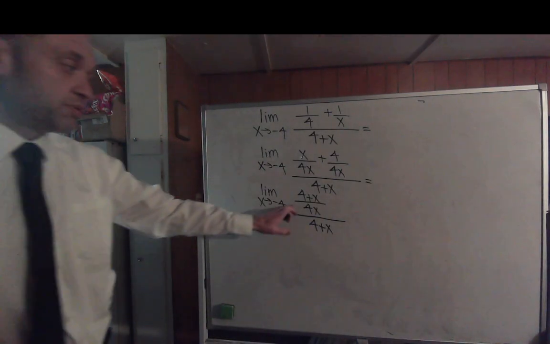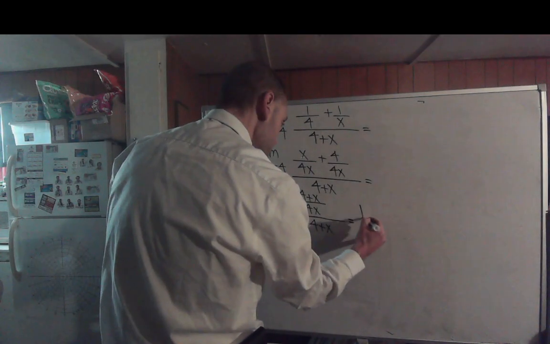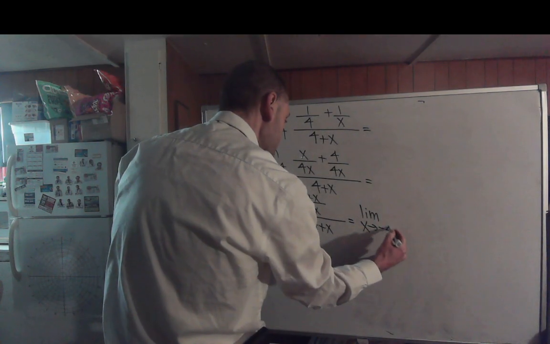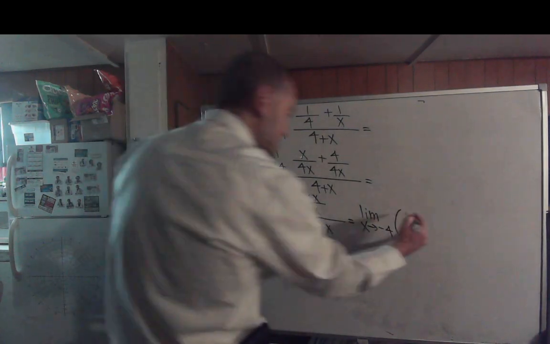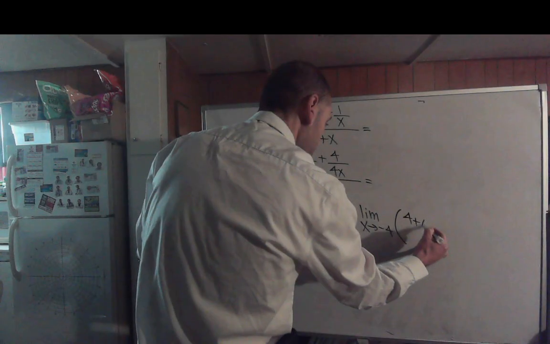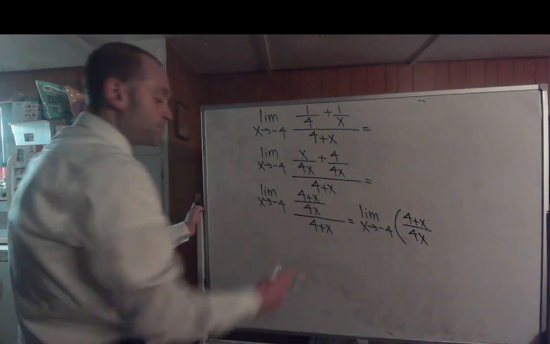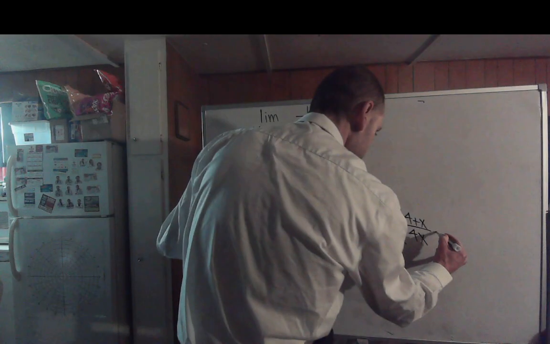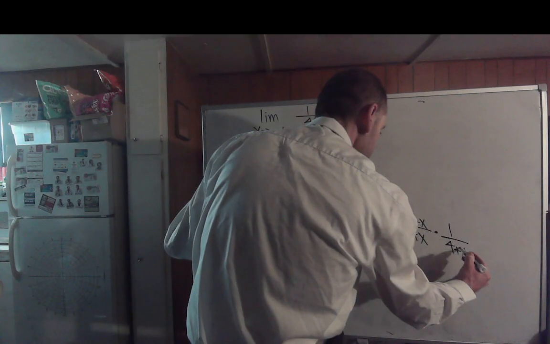And we have a complex fraction, so let's invert and multiply. This would turn into the limit as x approaches -4 of 4 plus x over 4x will stay the same. But we have 4 plus x in the denominator, so this would be the same as multiplying by 1 over 4 plus x.